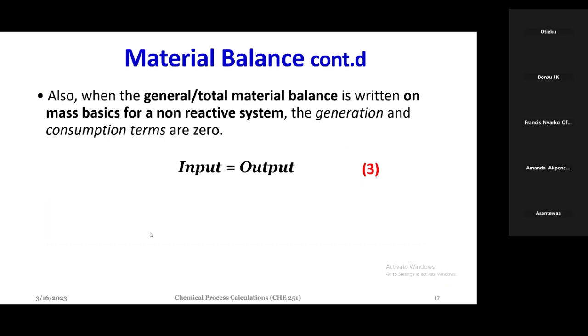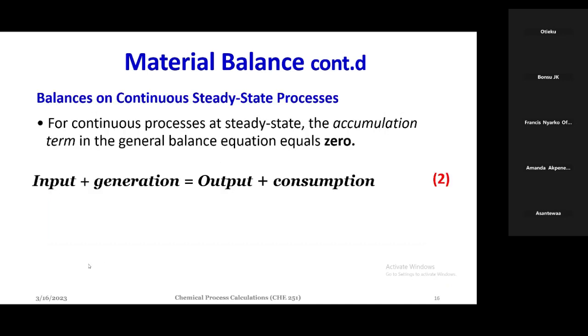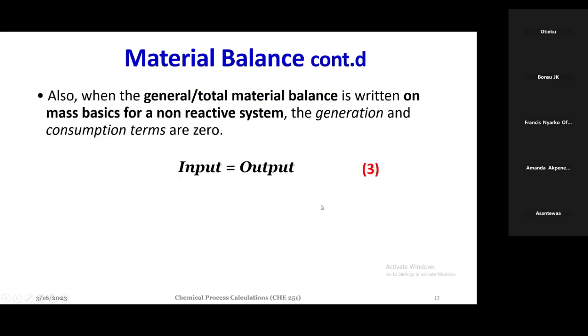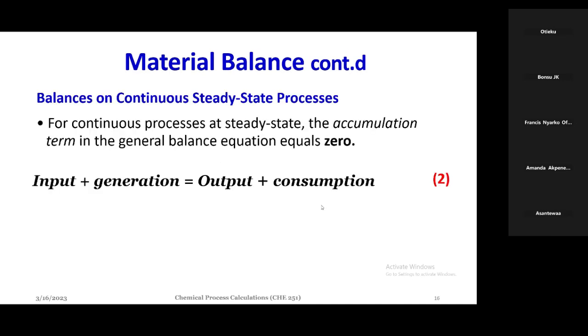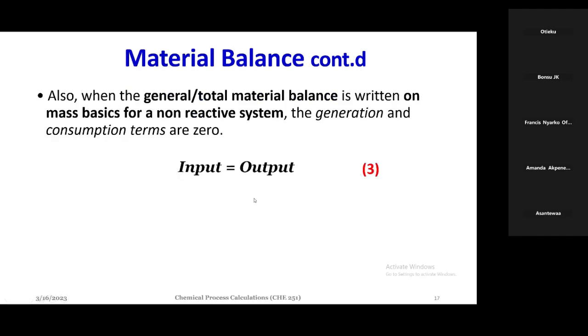And then the material you fed in the corn mill wouldn't be consumed to produce a different product, right? So we end up getting the generation term and then the consumption term being equal to zero, right? This is for non-reactive systems. For a non-reactive system, there's no reaction taking place. So you just have your input equal to output, provided you are operating under a continuous process, right? Where there is no accumulation.